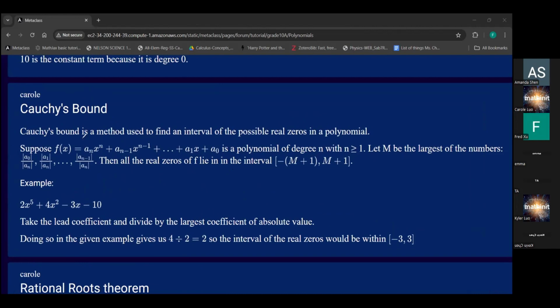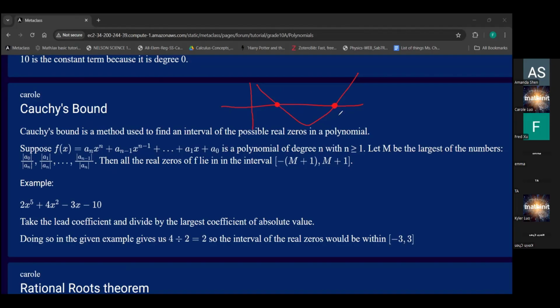And if you're unfamiliar with what zeros are, if we have a graph, it doesn't really matter what the graph is, and let's just go with this graph, okay? These zeros are just these points here. Okay, so it's just these points here on the x-axis.